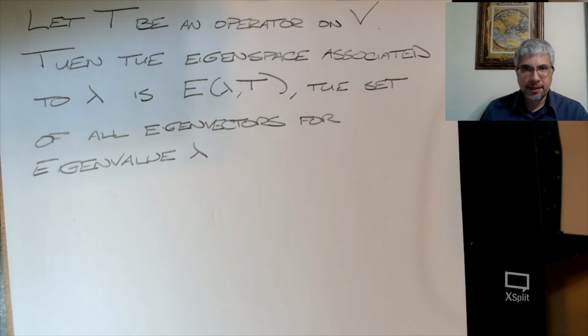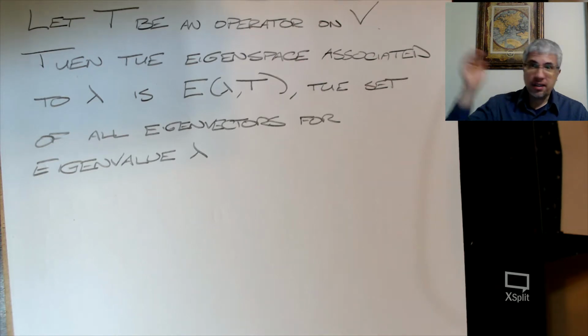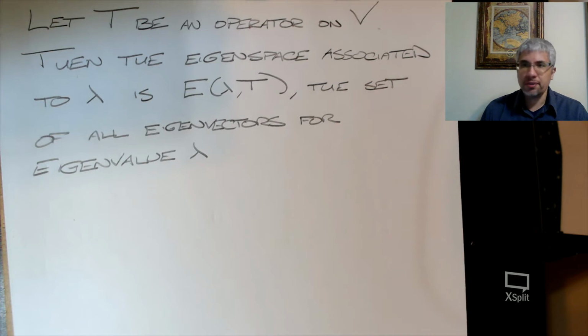What do you notice about the name? We're calling it an eigenspace. So space probably means it's going to be a subspace. But what don't we allow for eigenvectors? We don't allow 0 to be an eigenvector. Otherwise you get everything. 0 works for every number, because T of 0 is always equal to 0. So T of 0 is 2 times 0, and T of 0 is 3 times 0, right?